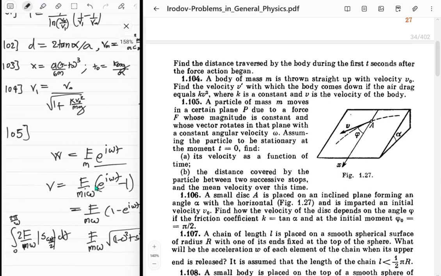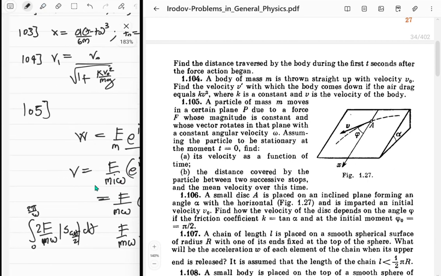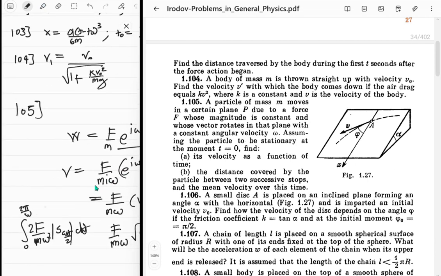But I'm thinking, let's integrate with respect to omega t and not this. You could do omega squared and omega t, and then it would be 2 pi. And in fact, you can also go for omega t upon 2. So this will be 4F upon m omega squared, with d of omega t upon 2, and then it is the integration of this thing, which goes from 0 to pi.